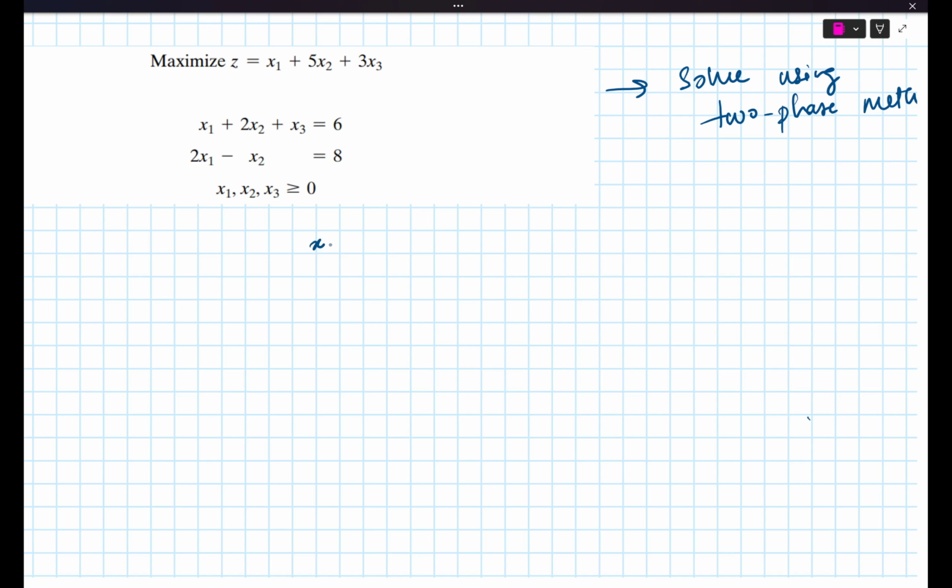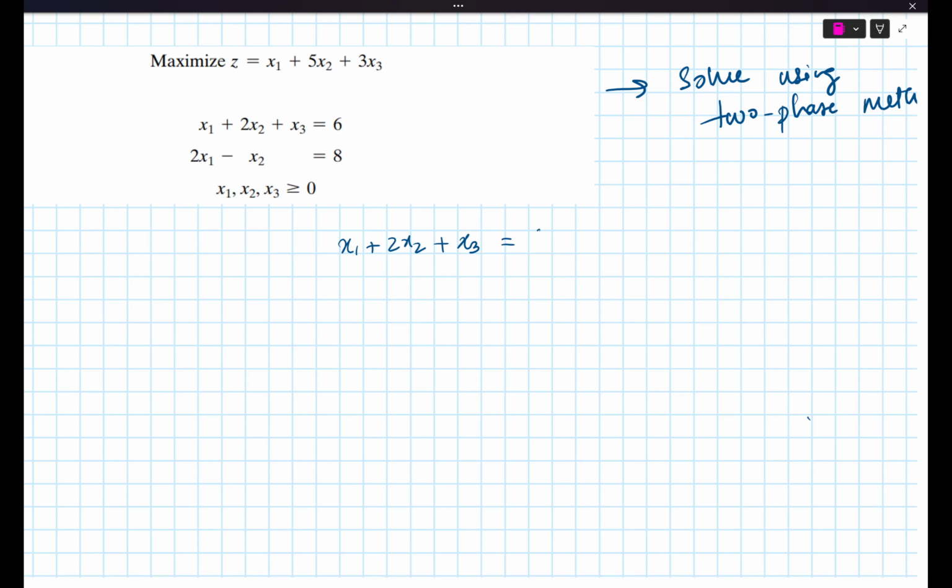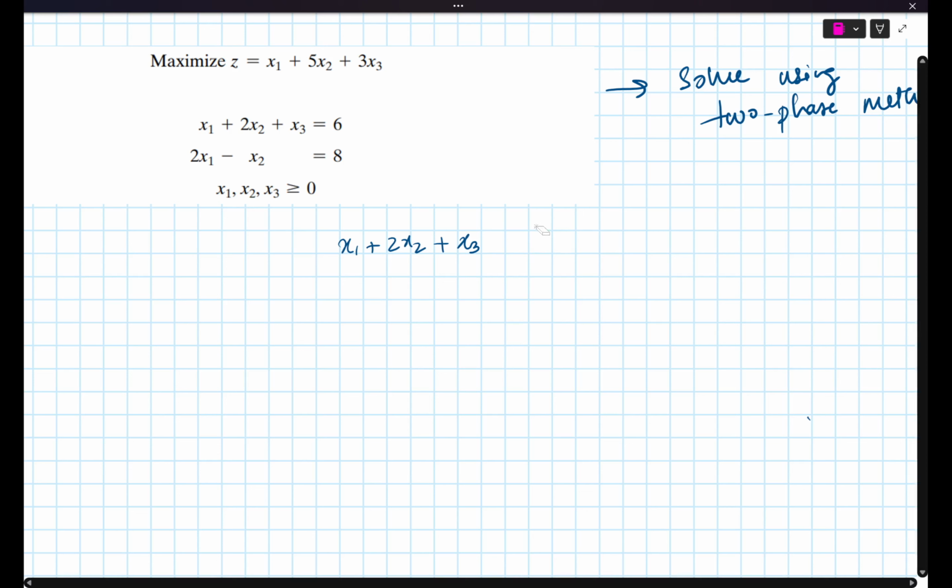So what we'll do is we'll have x1 plus 2x2 plus x3. We can keep this as it is.